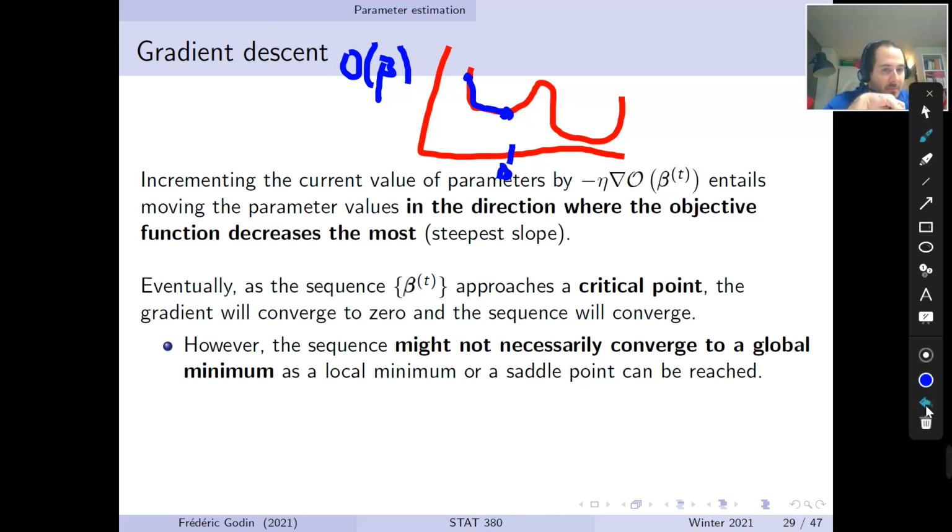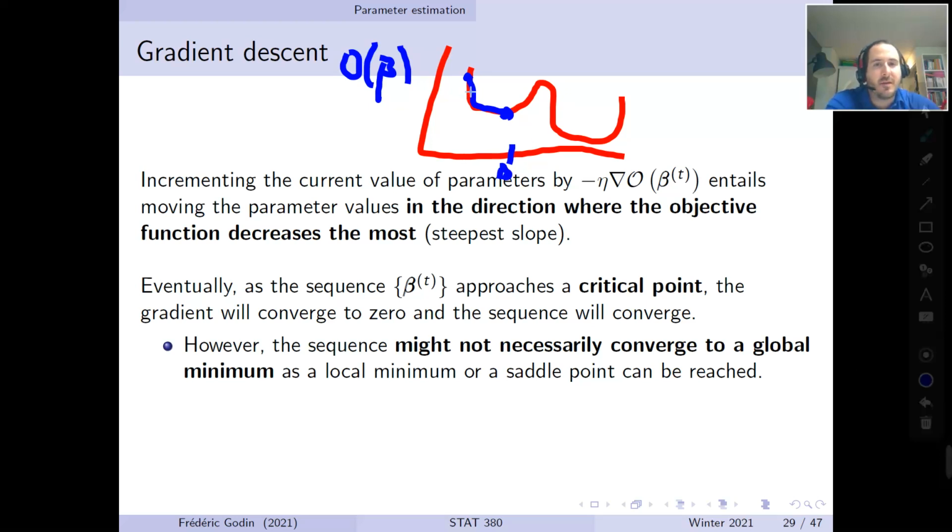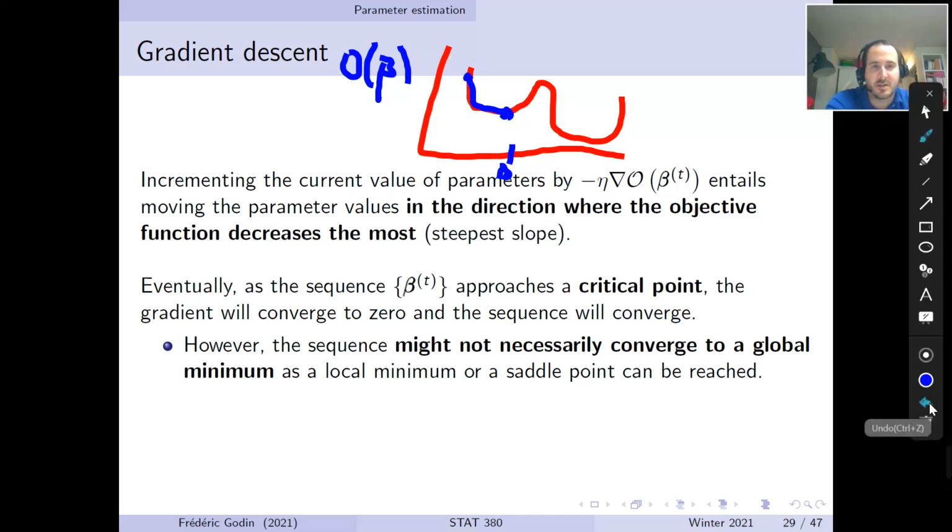However, in practice, sometimes perfect is the enemy of good. Even if you've converged to some local optimum, that might be good enough for your purposes. So you don't necessarily need to converge to a global minimum for your function.